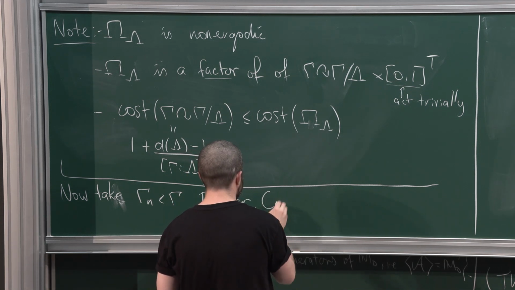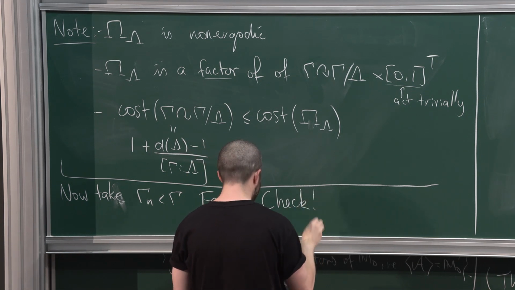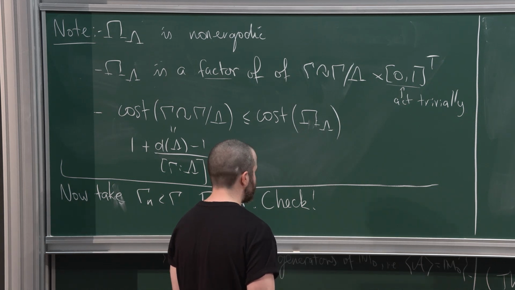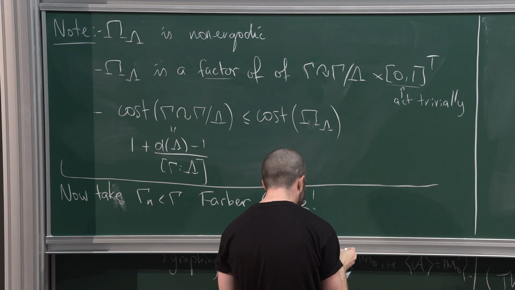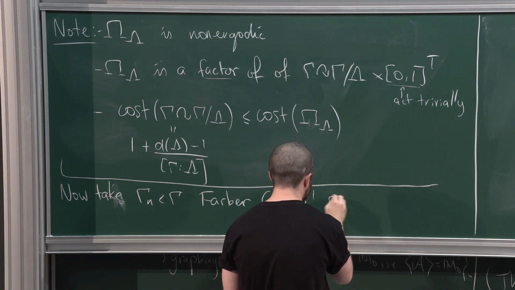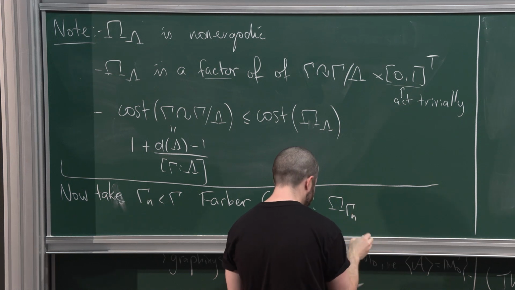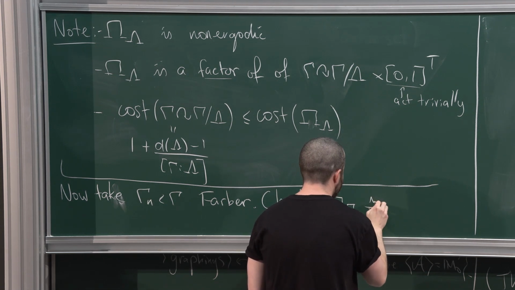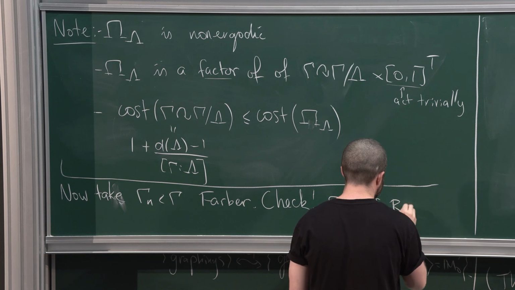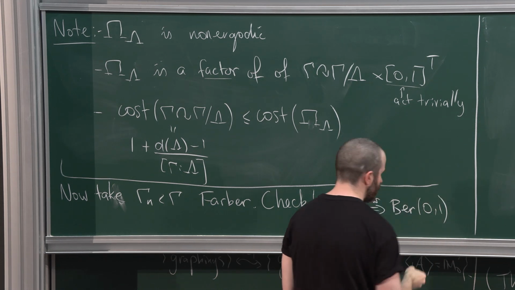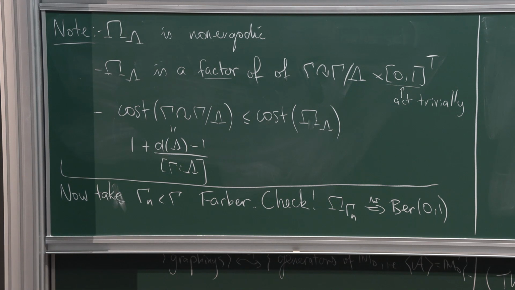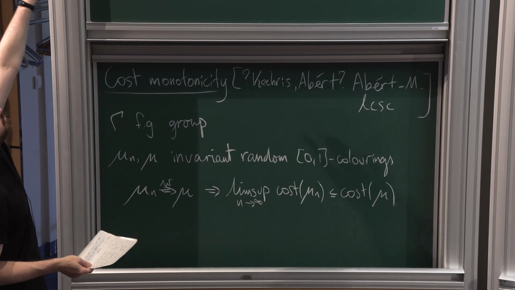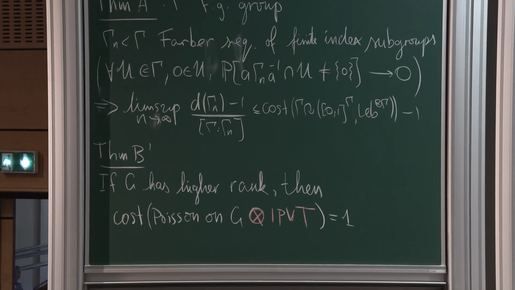And what I want you to check is that this corresponding sequence of coset-wise Bernoulli processes, in the limit, gives you the genuine Bernoulli. So if I look at pi gamma n, what I claim is that this weakly converges to the Bernoulli. And so now, if you plug this in to the cost monotonicity thing, you get theorem A, or theorem A prime, right?